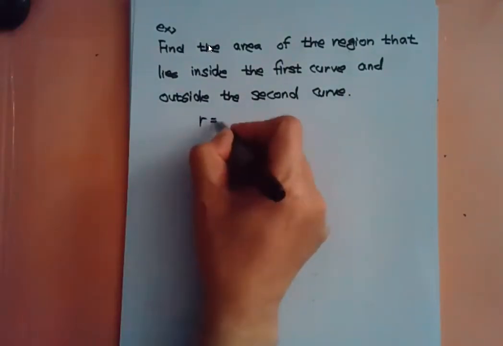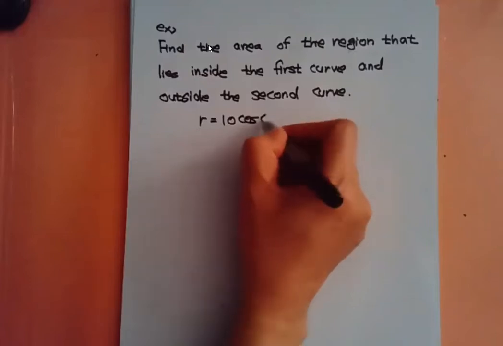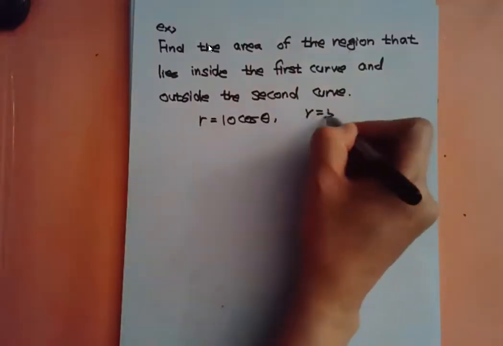So r equals 10 cosine of theta and r equals 5.